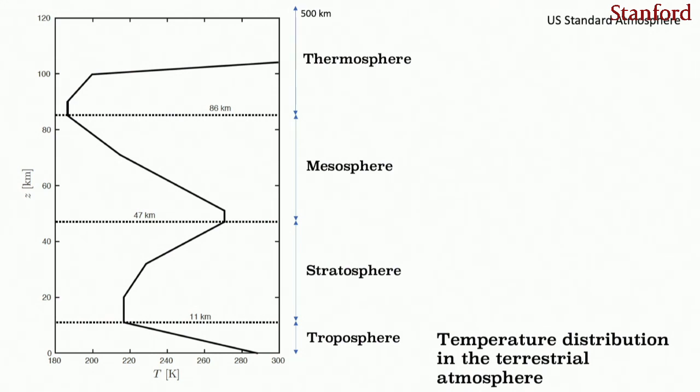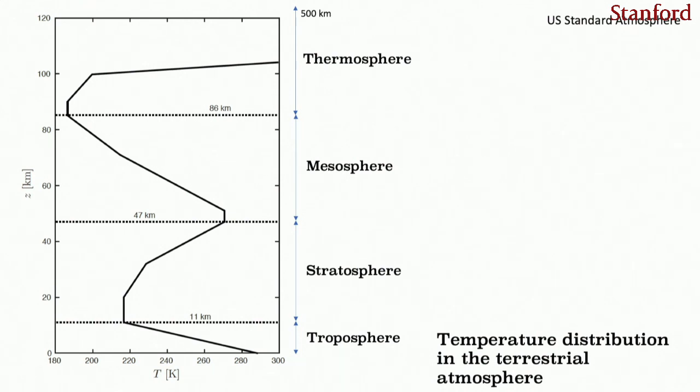One important thing that I wanted to tell you about the thermosphere: you see that the temperature increases. It actually increases by a lot. But it is also true that the thermosphere is so rarefied, the temperature there does not make too much physical sense, let's say, because there are not sufficient molecules to even define a temperature.